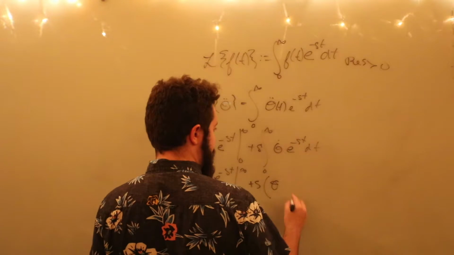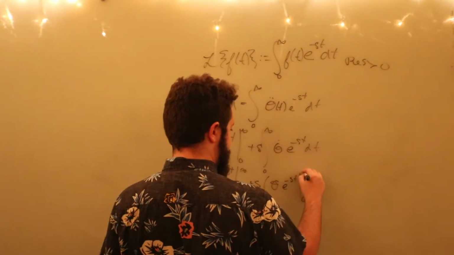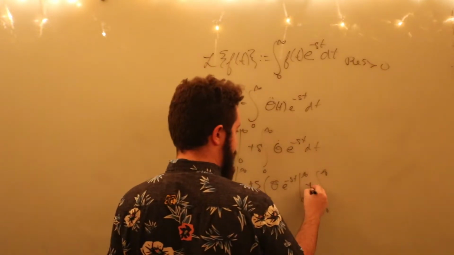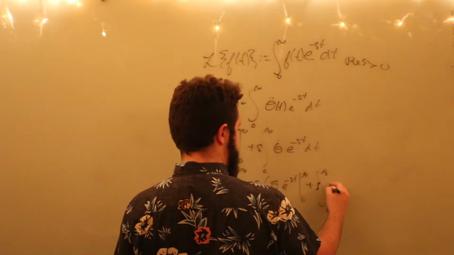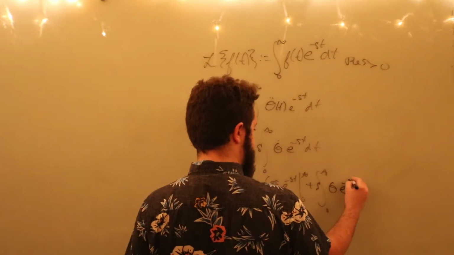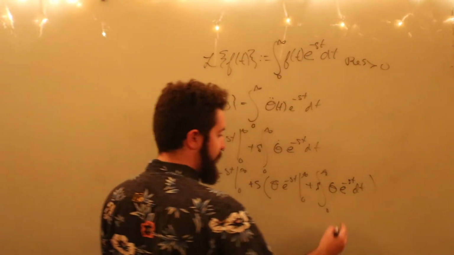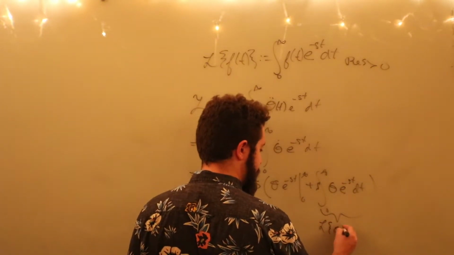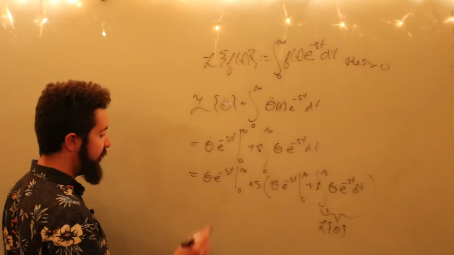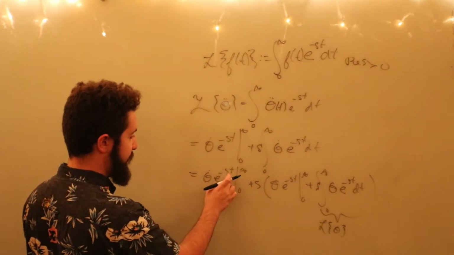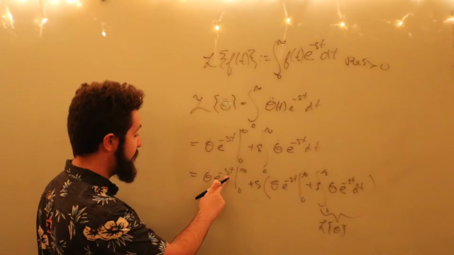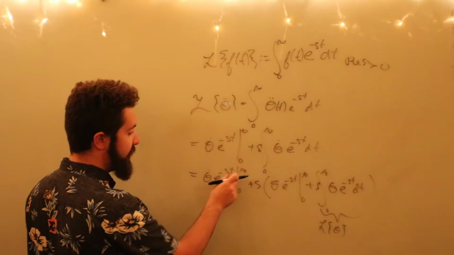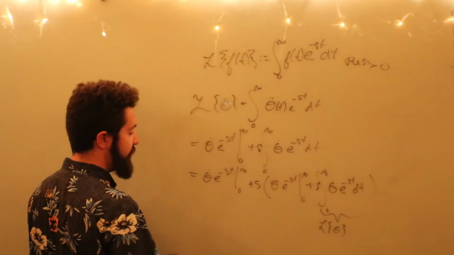times theta e to the negative st evaluated from 0 to infinity, minus the integral from 0 to infinity, and you're going to get that same negative s again, so that we get theta e to the negative st dt. And of course this integral is just the Laplace transform of the function theta. Notice that because the real part of s is greater than 0, as t goes to infinity the exponential is going to become 0, so we don't have to worry about that.